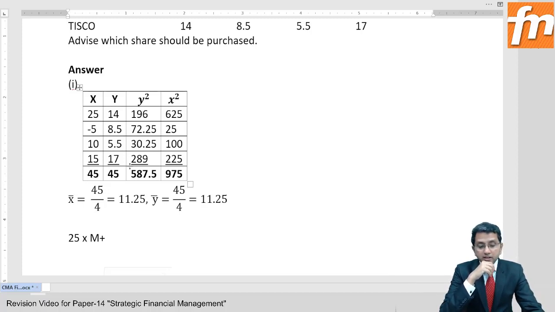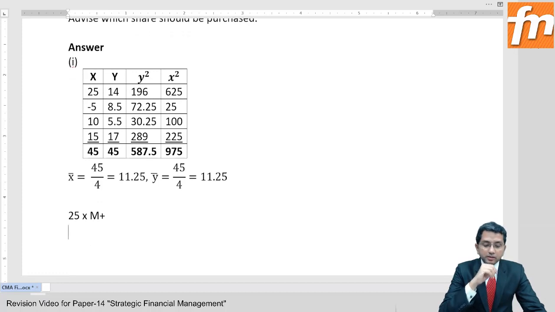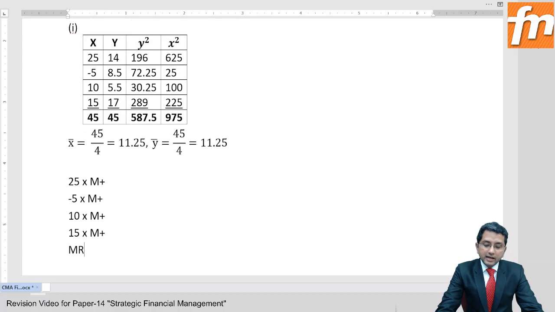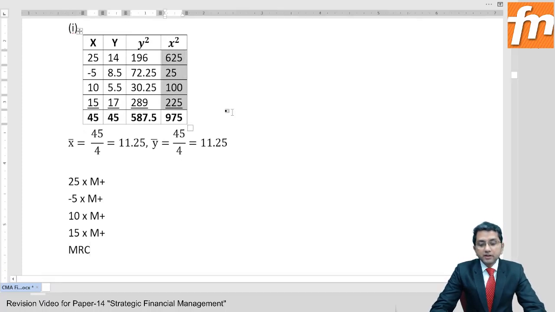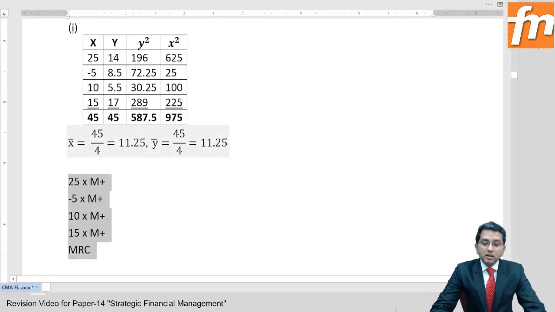If it doesn't appear, then 25 into equal to and then M plus will give you 625. The next thing to do is minus 5 into M plus, 10 into M plus, 15 into M plus, and MRC. So you will get not only these numbers 625, 25, 100 and 225, but also by recalling the memory, you'll get a sum total, which is actually 975.